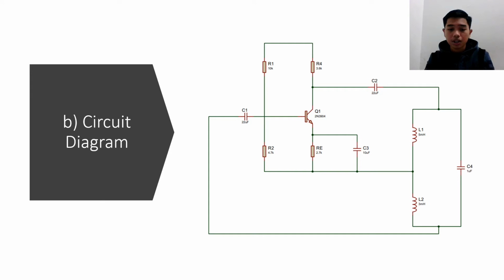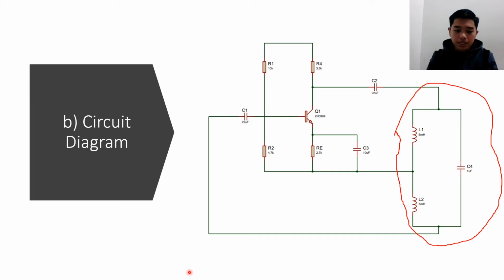This is the tank circuit. A tank circuit comprises two inductors and one capacitor. The inductors are connected in series and the capacitor is connected across them in parallel.